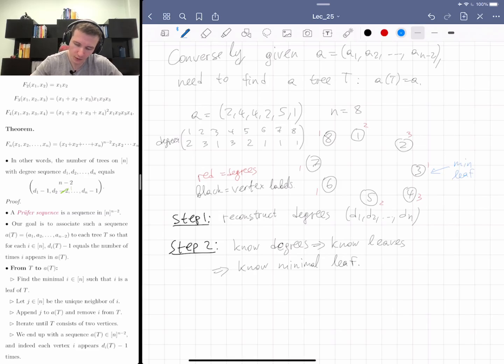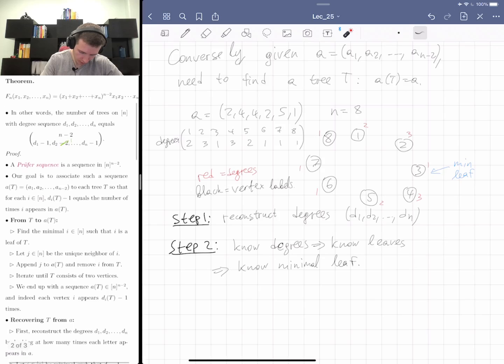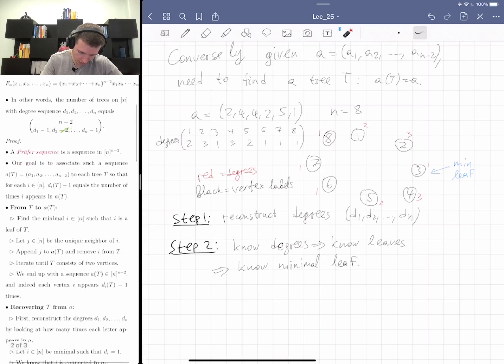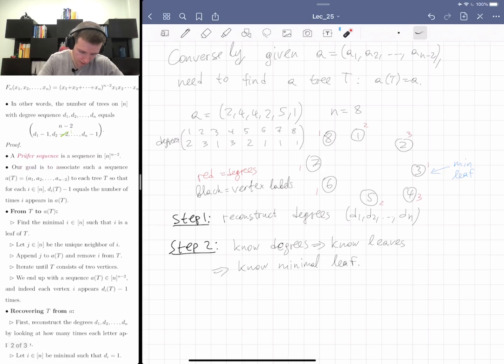Now I look at the sequence, because my algorithm starts by taking the minimal leaf and removing it, but I record its neighbor in the sequence. So 3 is connected to a single vertex, and that vertex is recorded as the first entry of my sequence.